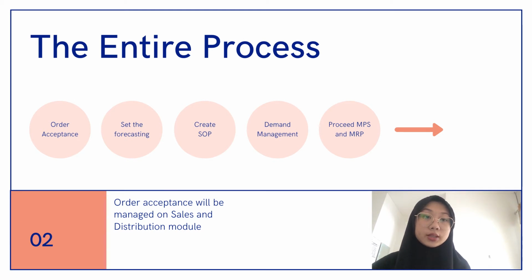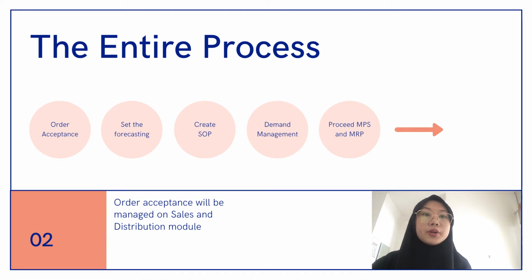We use them because for this period we may not only accept a sales order from Capitol Record, we may also accept other customer demand. So we should also make the forecasting, the SOP, and the demand program.